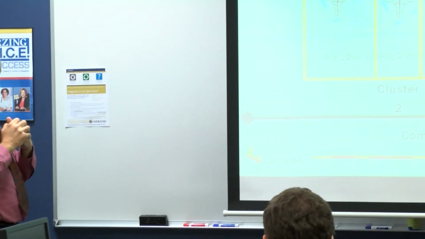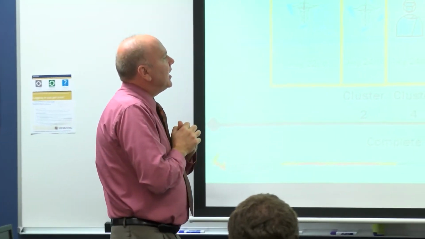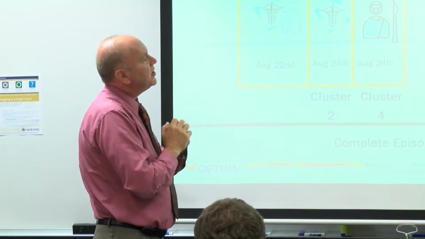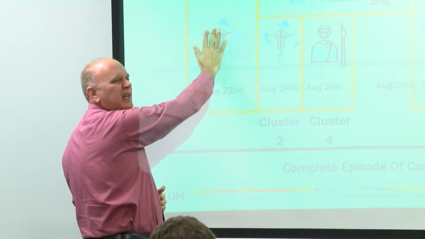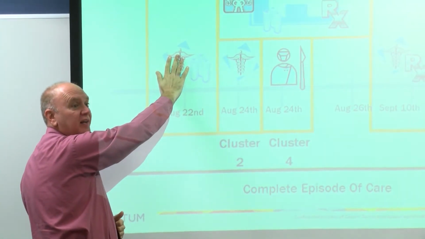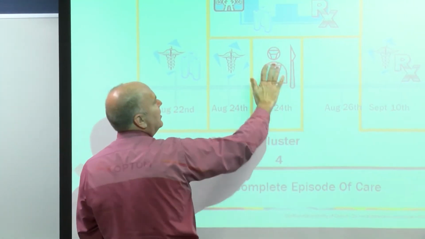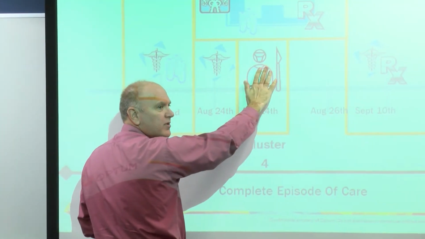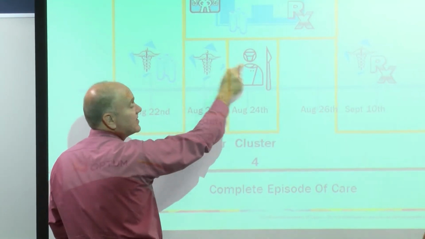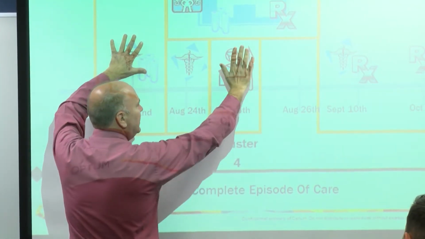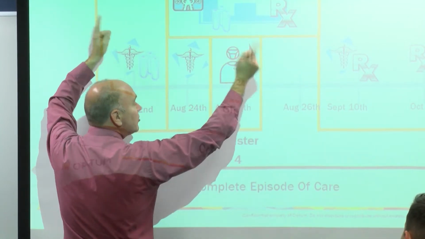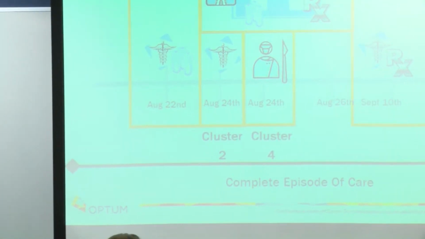Now, who gets attributed that episode? That's the next question. I have two different peer groups here that I can see. I've got a peer group that's probably your primary care or some specialty like cardiac, and I've also got another peer group that's the surgery peer group. If that's the same guy as this, then it gets attributed to that particular one. If this is the PCP and this is the surgeon, this can be attributed to both of those because they're separate peer groups.